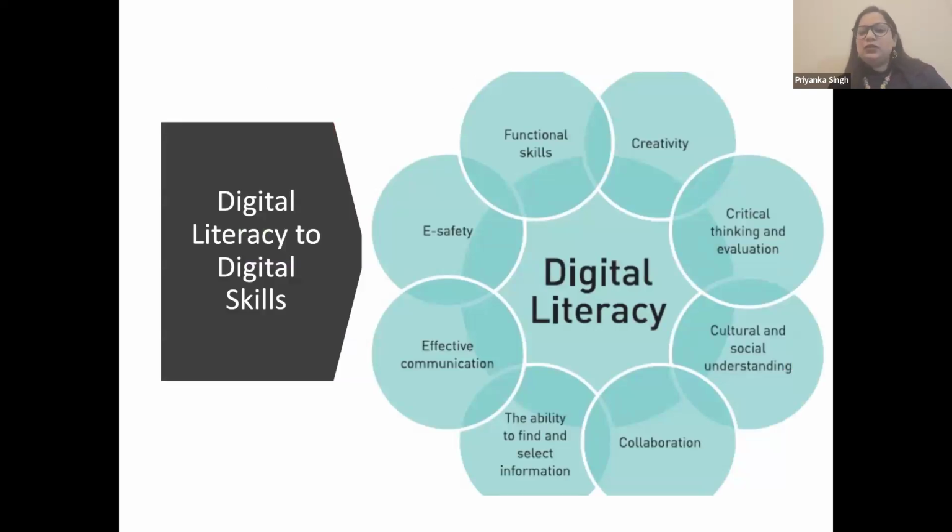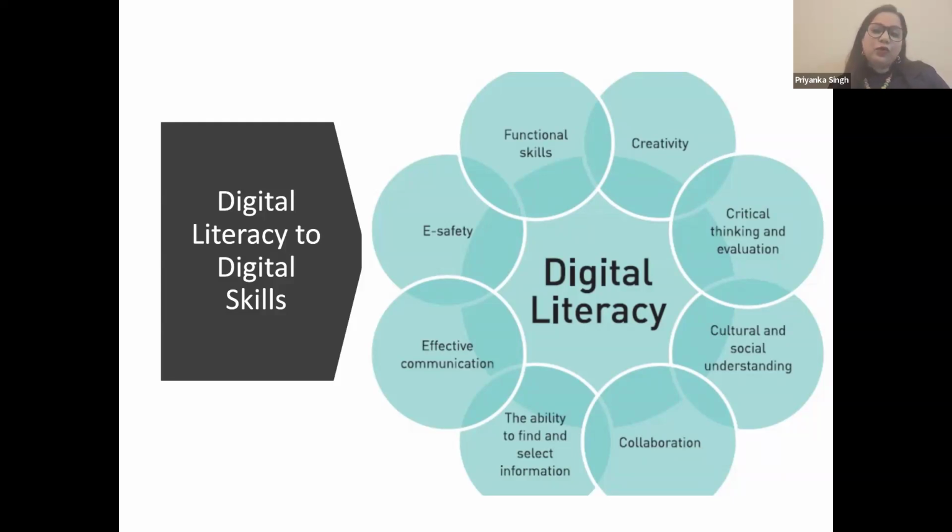This slide talks about digital literacy and how we are progressing from literacy to skills. Digital skills is one of the skills under the digital literacy platform. We can have multiple skills under digital literacy. It can be functional skills, safety skills, communication, ability to find and select information, collaboration, creativity, critical thinking, cultural and social skills.